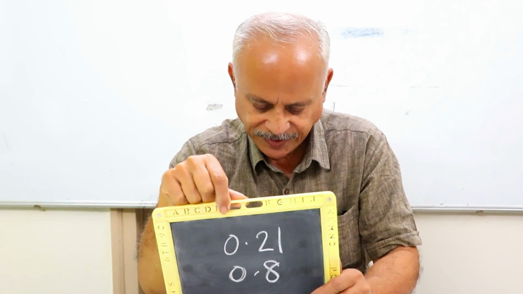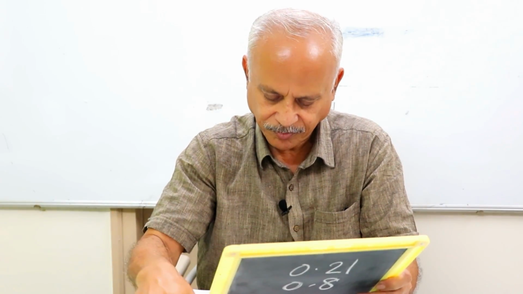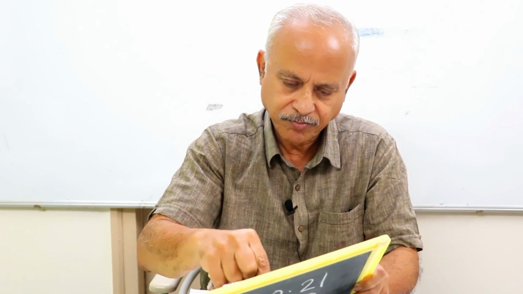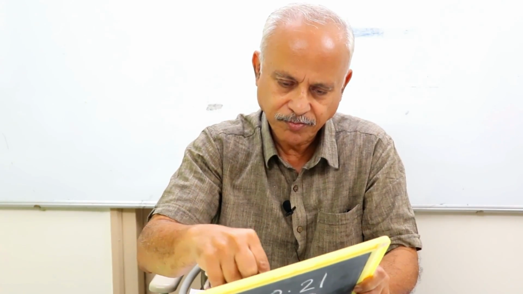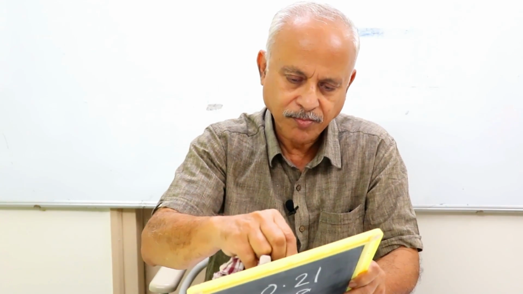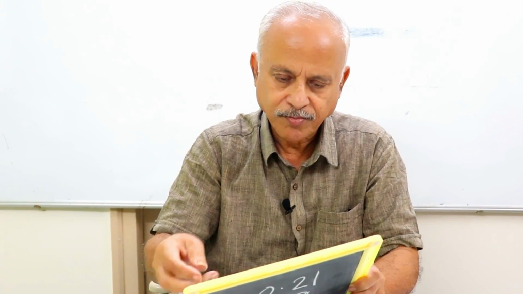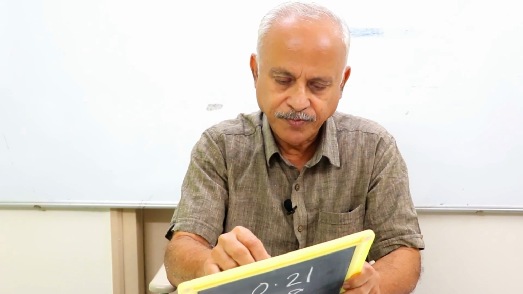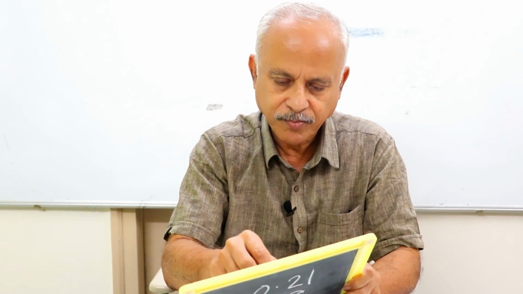So the first problem is, take 7 in the house of ones.